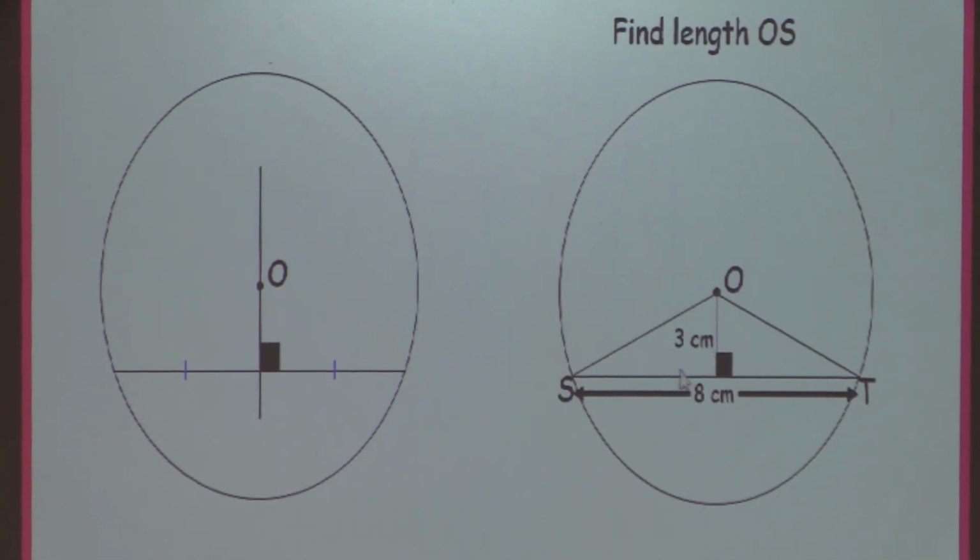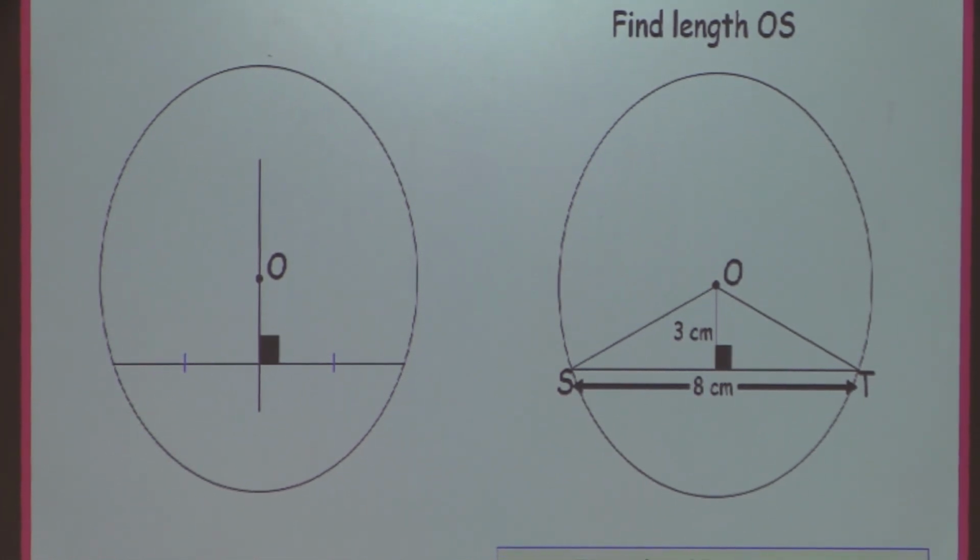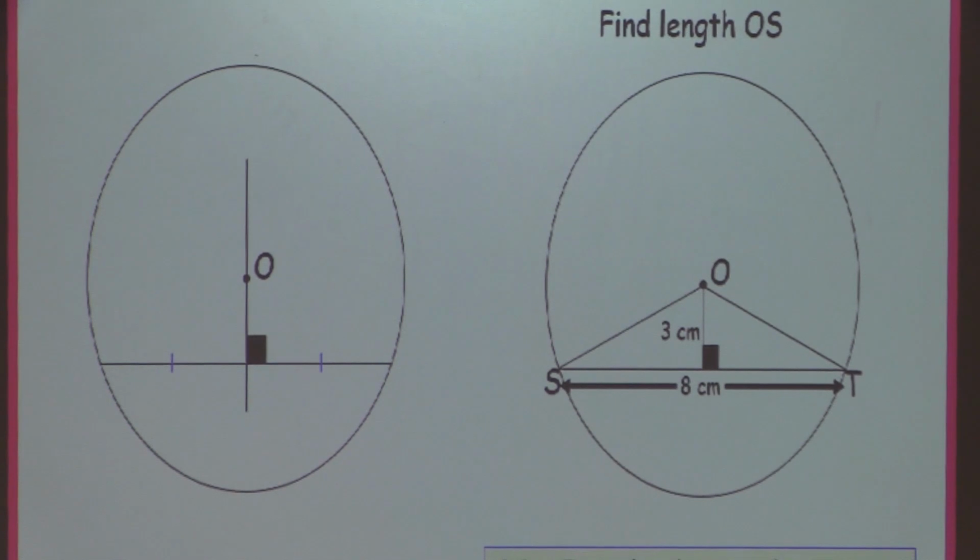This is 3 squared, this is 4 squared, which is 16. This will give us 25. So SO squared will be 25. Therefore, SO will be 5. So that becomes important, using the Pythagoras theorem, OS will be equal to 5.